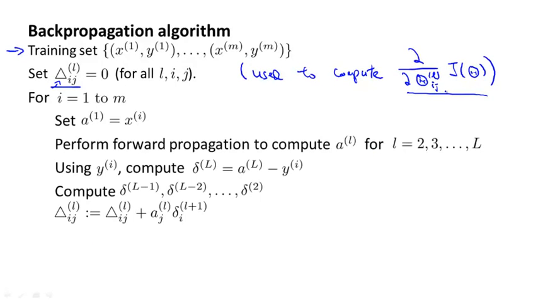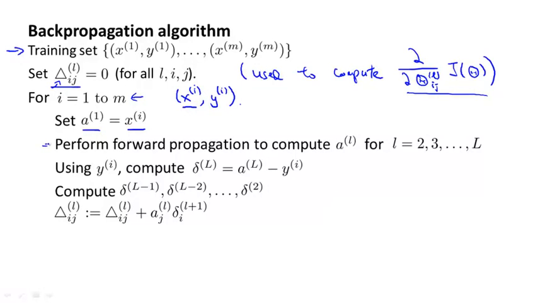Next, we're going to loop through our training set, so for i equals 1 through m. For the ith iteration, we're going to be working with the training example xi, yi. The first thing we do is set a1, the activations of the input layer, equal to xi, the inputs for our ith training example.